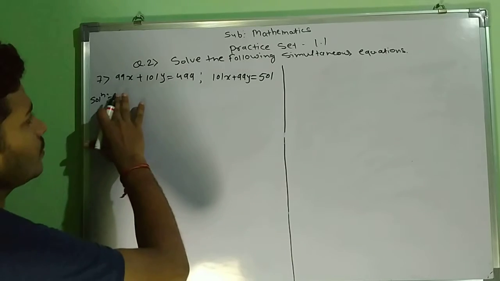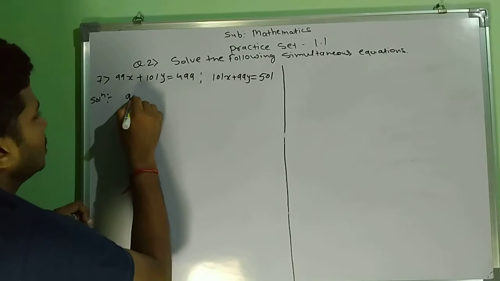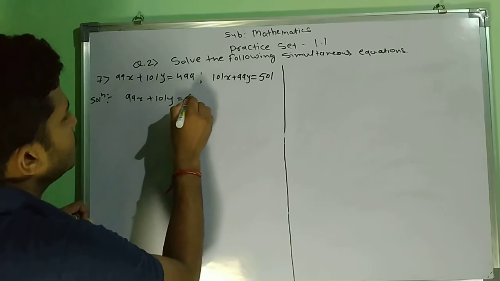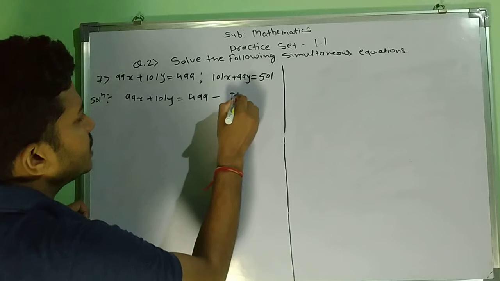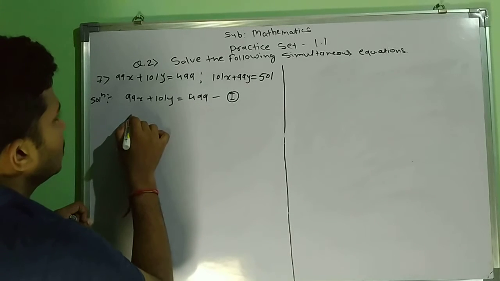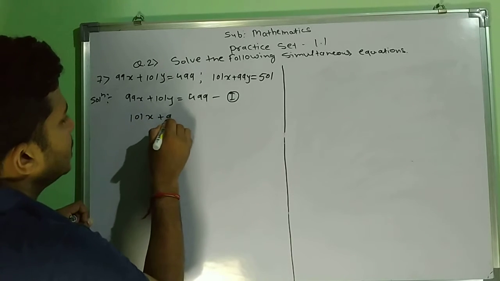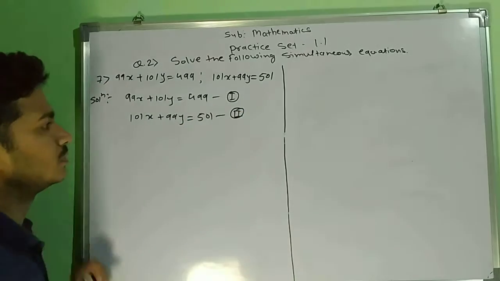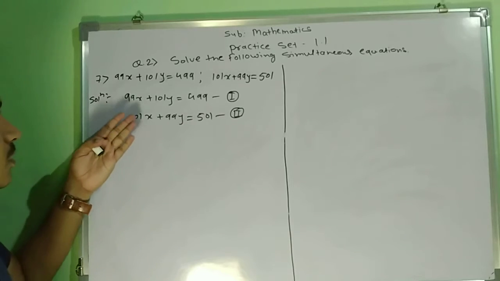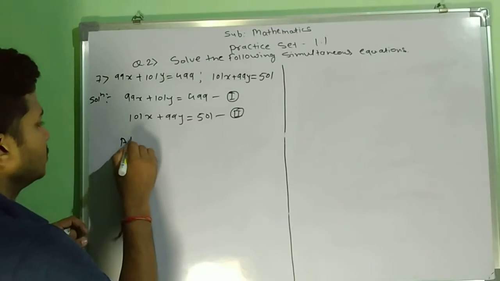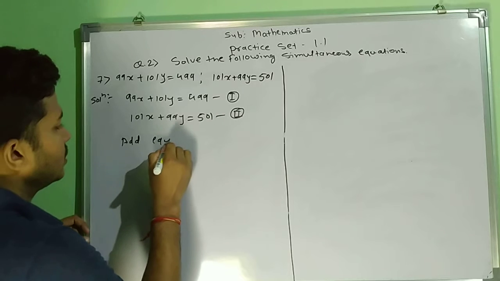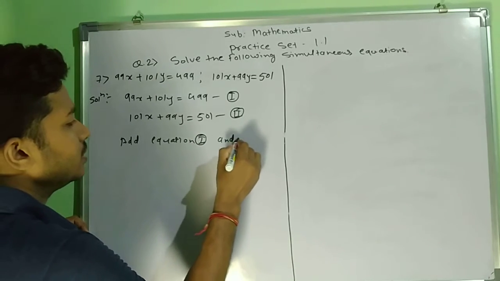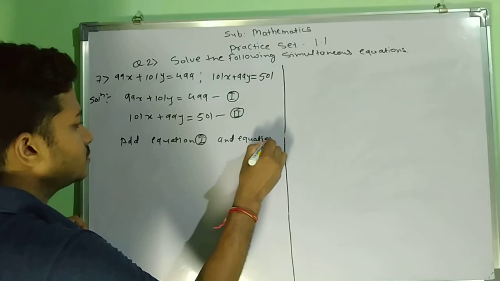Now we have to write the equation 99x plus 101y is equal to 499. Make that equation number 1, and again 101x plus 99y is equal to 501. This is equation number 2. Okay. Now we have to add equation 1 and equation 2.